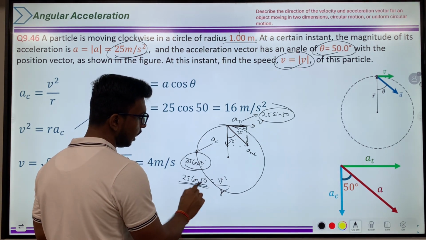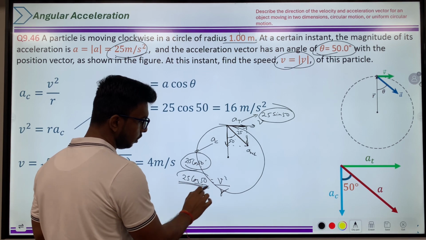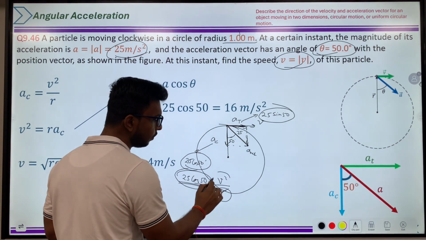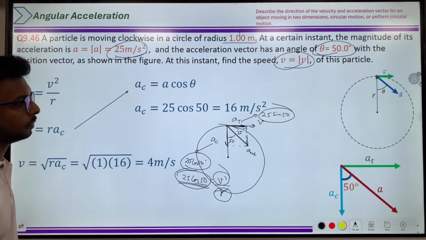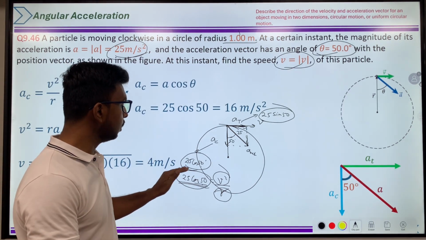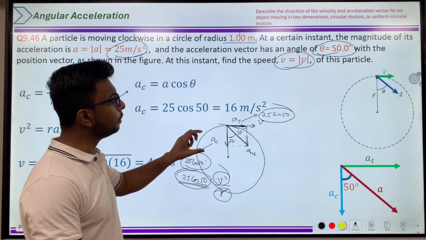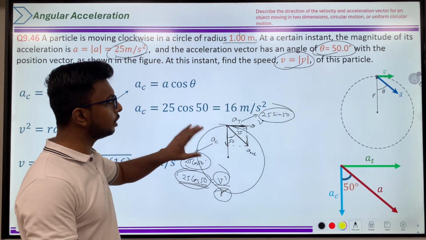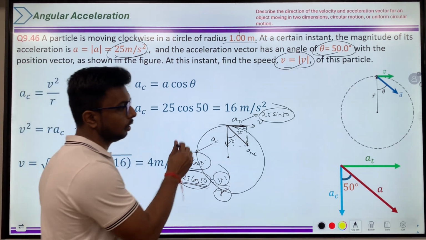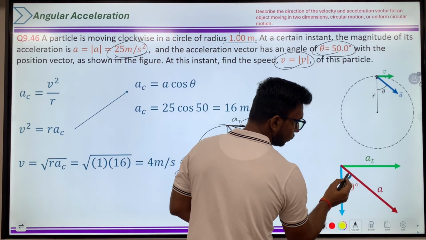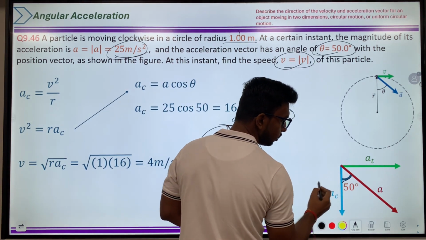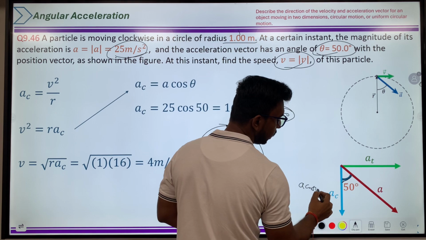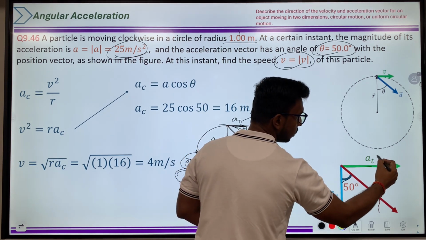If I have this value and the radius, I can find v. All you have to do is find the centripetal acceleration. Components you should know: the component which is with the angle is always cosine, so a cosine 50, and the other one is a sine 50.